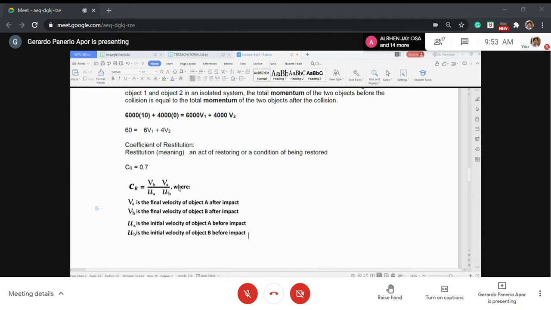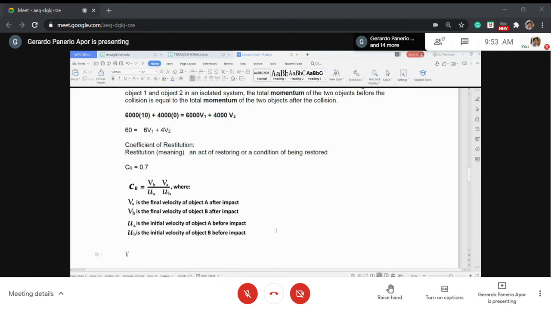The denominator is U sub A minus U sub B, where U sub A is the initial velocity of object A before impact, and U sub B is the initial velocity of object B before impact.